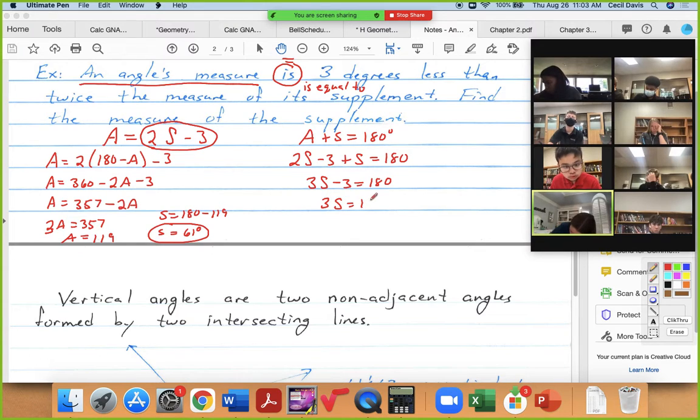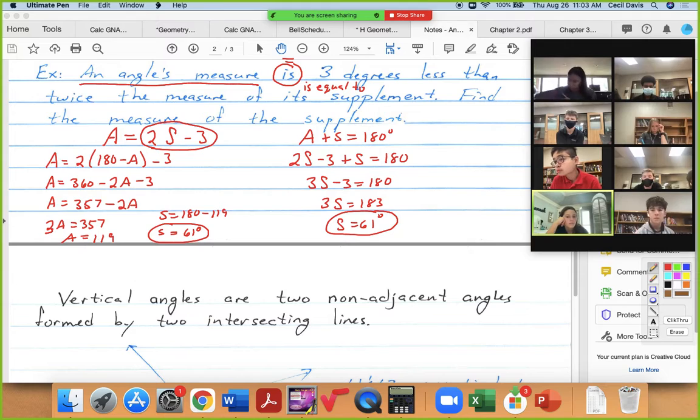So 3S is 183. So S is 61. I will leave it up to you to choose which way you want to do that. You can do it the 2 equation way, or you can do it the 1 equation way. Either is fine with me.